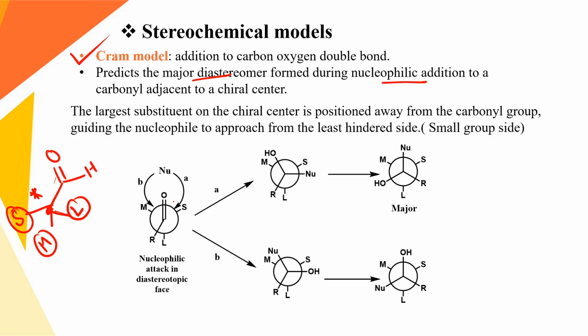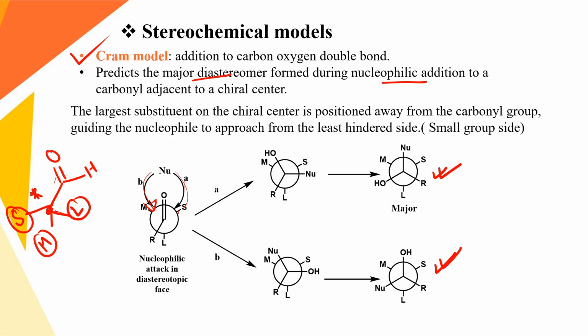That is clearly shown in the Newman projection formula. Depending upon the nucleophile, it will follow the A route or the B route. When it follows the A route, this enantiomer is major; when it follows the B route, this is the minor enantiomer.